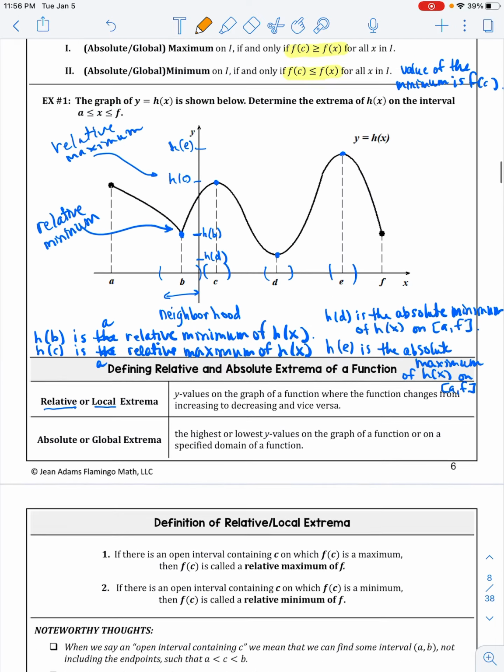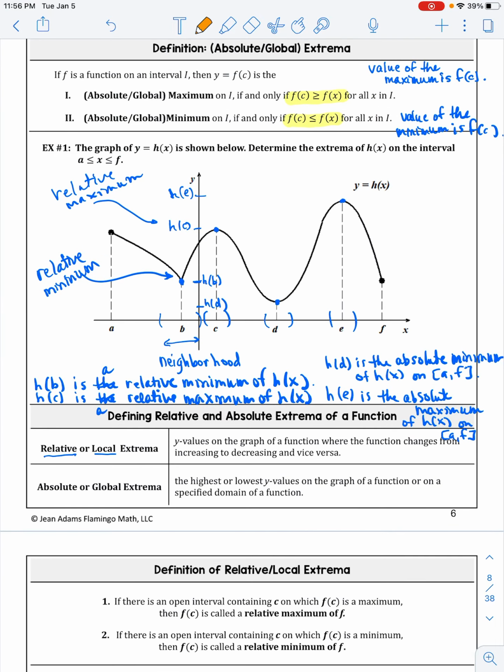And then up here, this is another function that is continuous on a closed interval. And I just wanted to point out, we had said that this was our absolute min, and that this one was our absolute max.